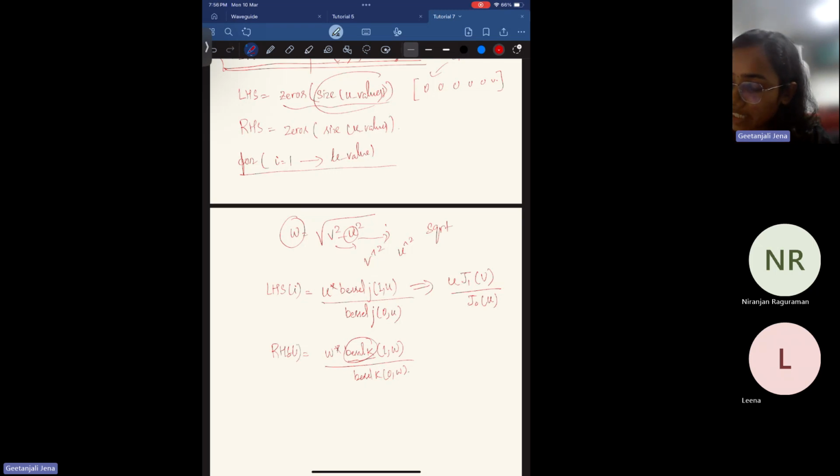Okay, so for each index of u, just find out what the LHS side and what the RHS side is for each data point.